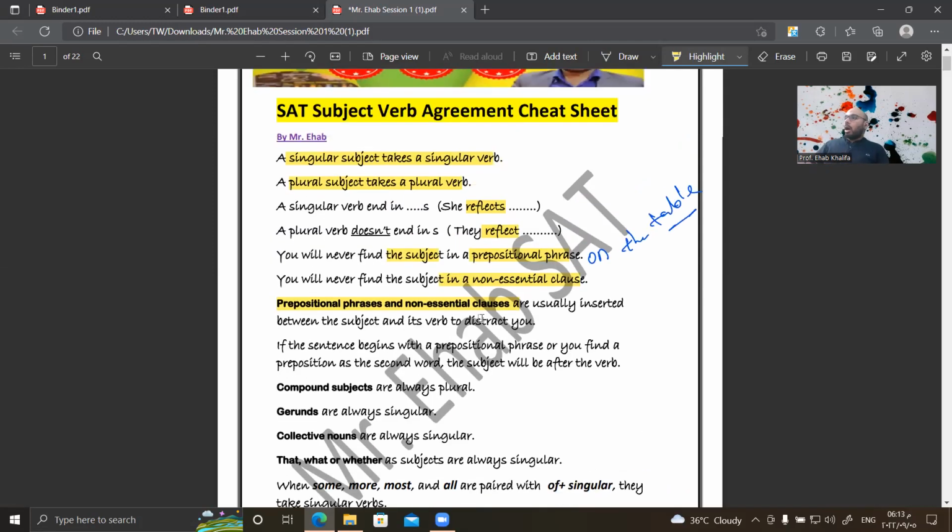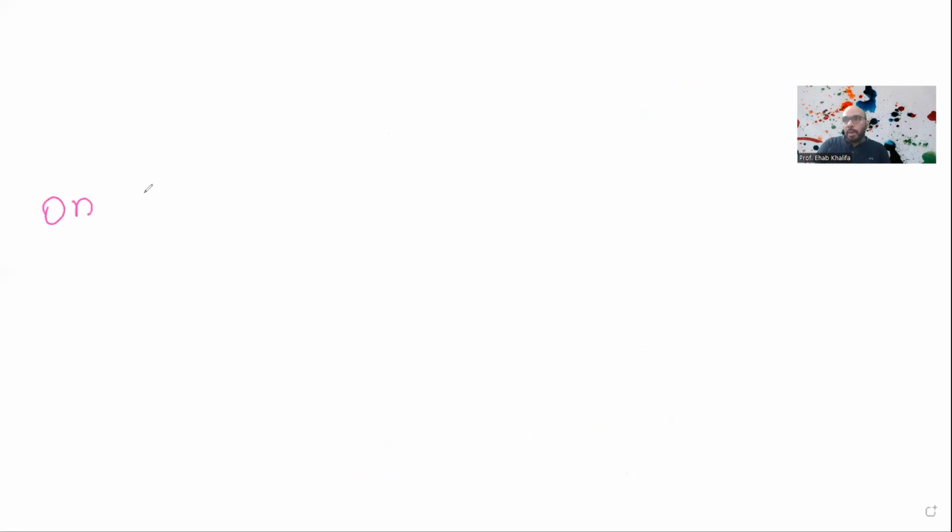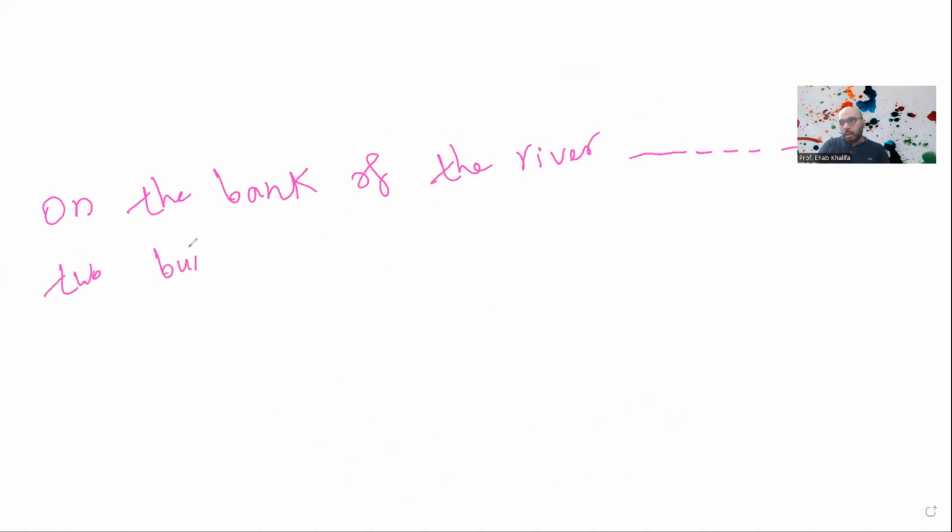Well, I will write an example now, and I hope you can answer it. On the bank of the river, blank, 2 buildings.